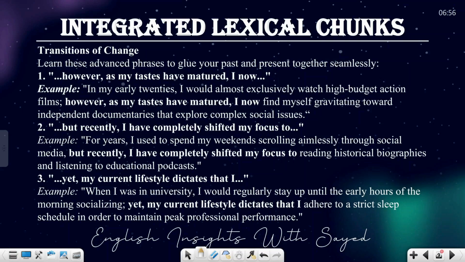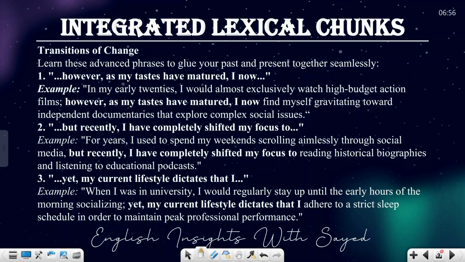So, however, as my tastes have matured, I now like this way. This could be another phrase, or you could say, but recently I have completely shifted my focus to, or you could say, yet, by presenting the past scenario, then you could add that, yet my current lifestyle dictates that I like this way.